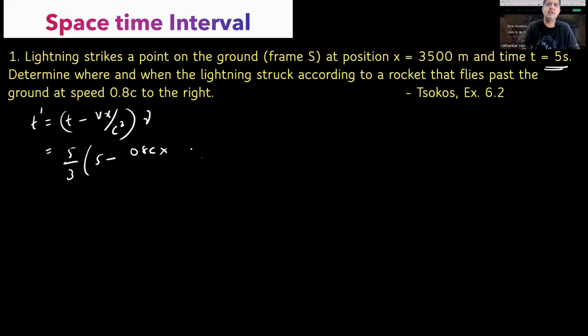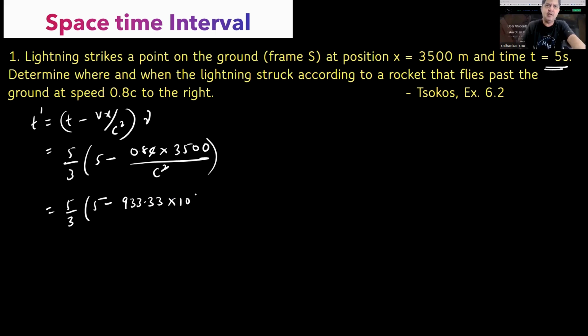What is the x value here? It should be 3500 divided by c square. Okay, so this c square and this c square go away. So you get 5 by 3 into 5 minus 933.33 into 10 to the power of minus 8. So this is what I get over here.